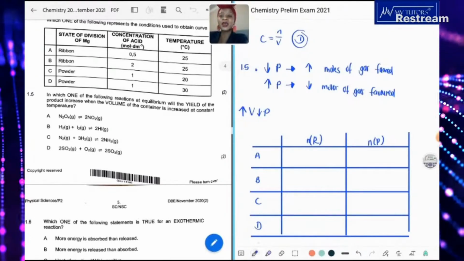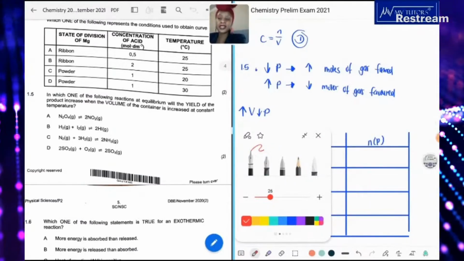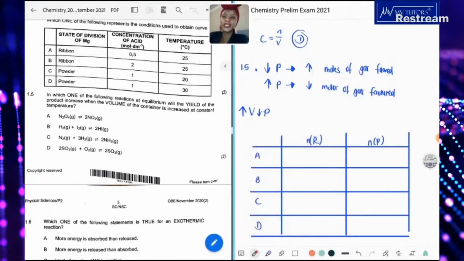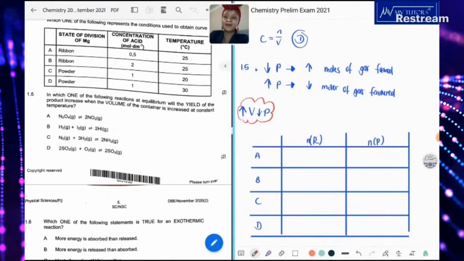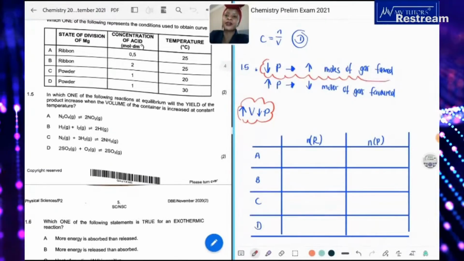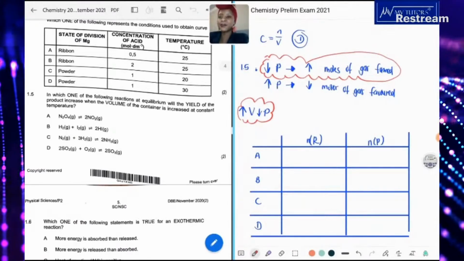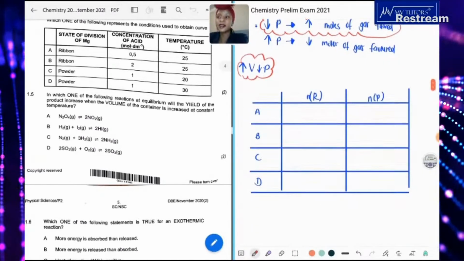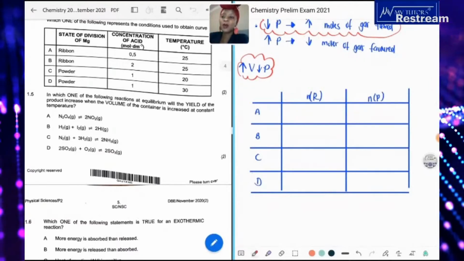So the scenario that we are looking for, they told us that the volume is increased. If the volume is increased, it means the pressure has been reduced. As a result, we are looking at this first condition over here. Now, looking at the number of moles, for A, on the reactant side, you have 1 mole.